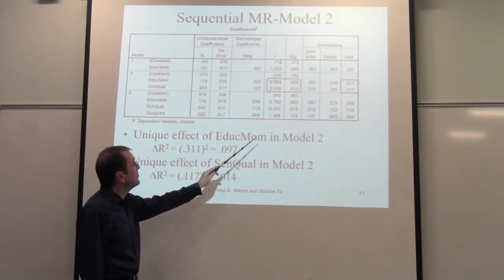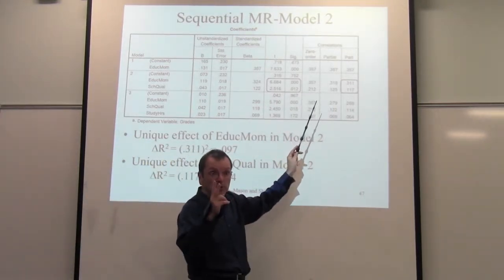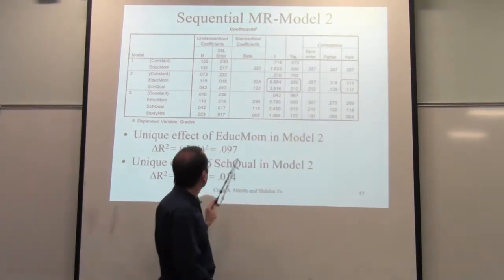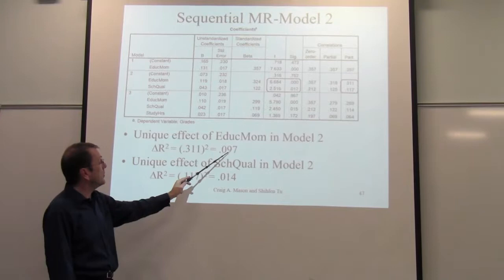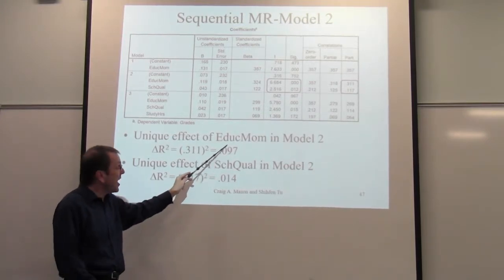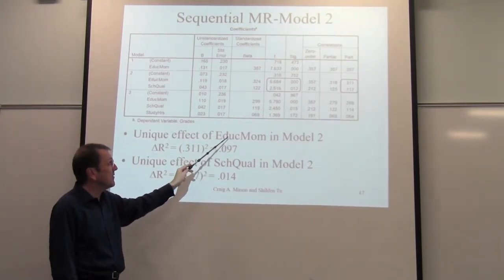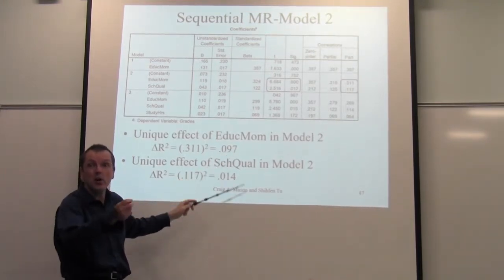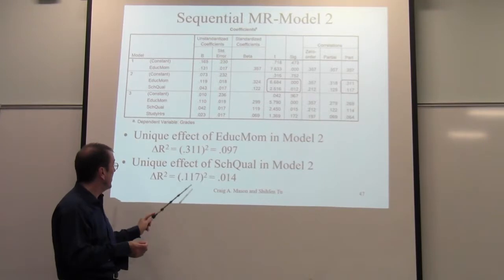So the unique effect of mom's education in model 2, because we're still at that second model stage: we take the 0.311 squared, we get 0.097. 9.7% of the variance in grades is related to mom's education and only mom's education.